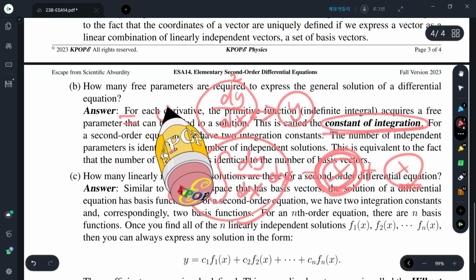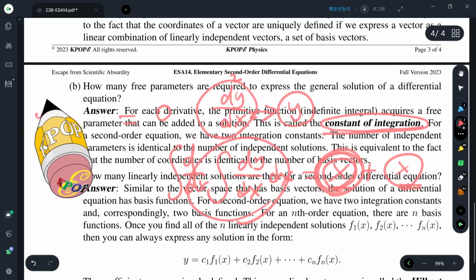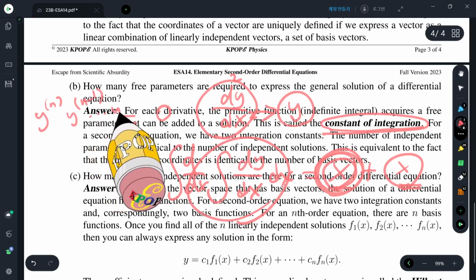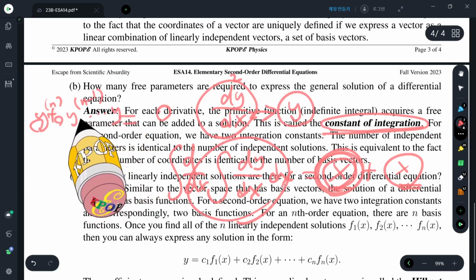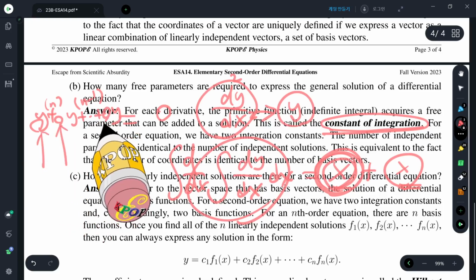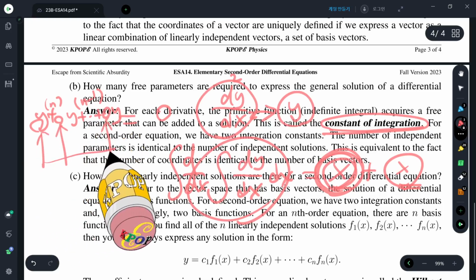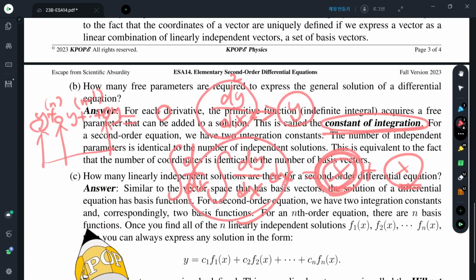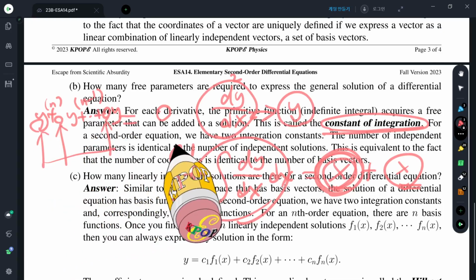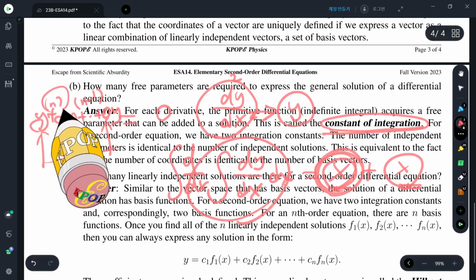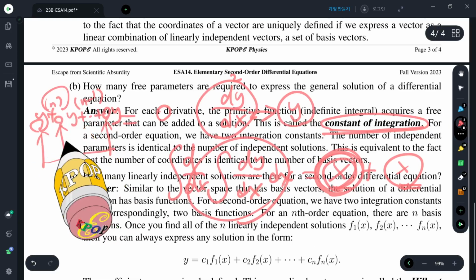A homogeneous equation means the nth order derivative of y, the n minus 1th order derivative, and y itself appear in a linear combination. In physics problems, mostly the coefficients are constant, but they can be functions of x. In that case, this is an nth order differential equation equal to 0.